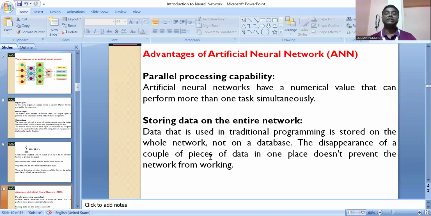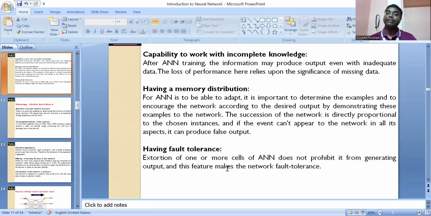Now, advantages of the ANN. ANN can process data in parallel mode. It can store data across the entire network. It has the capability to work with incomplete knowledge, meaning incomplete data.